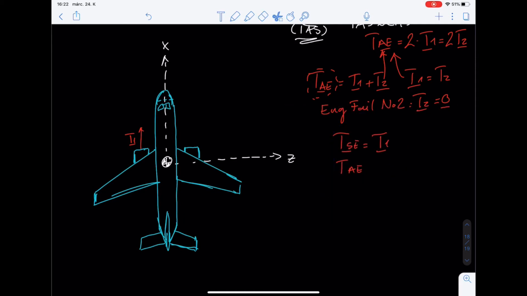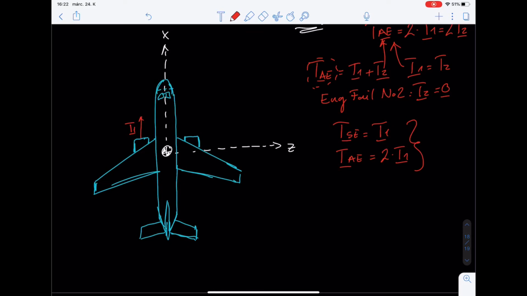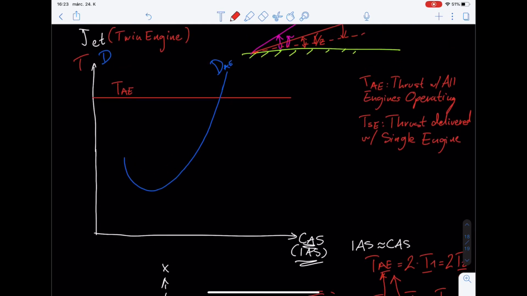So TSE is T1, and T all engines is, in this case, 2 times T1. So therefore, the T single engine is basically 1/2 times T all engines, right? So it's basically fallen to half of the initial value, right?